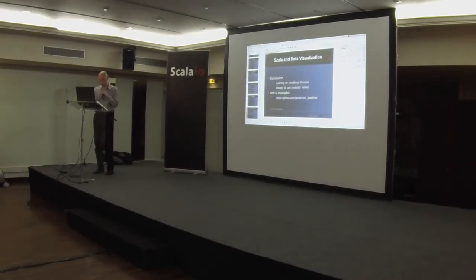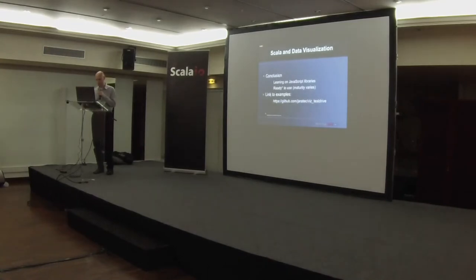Okay, so just a quick conclusion. I have the example on a GitHub repo there, and about these three tools, they are using JavaScript libraries, and the maturity of these tools varies. Like Bokeh, you can use it right away. It's a stable tool, while Sparkle is still evolving.